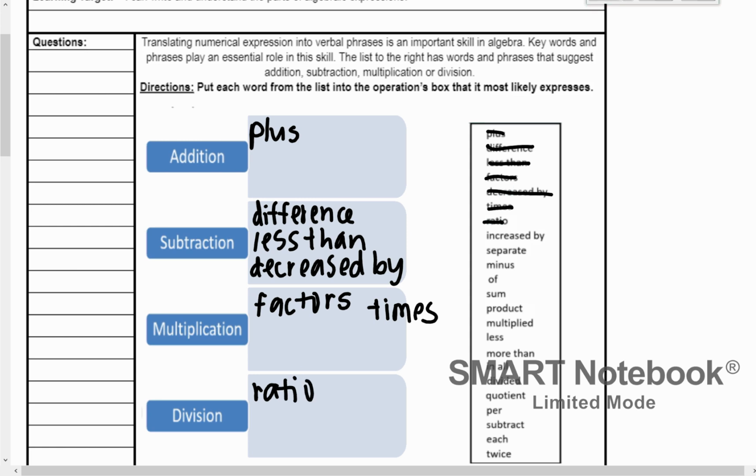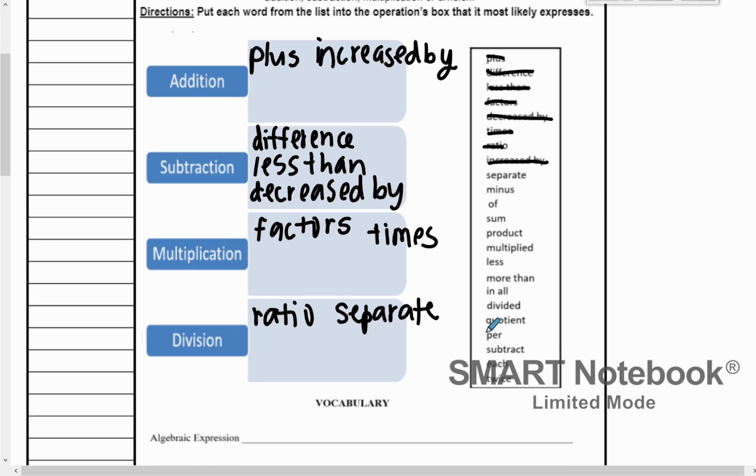The next one we have is increased by. Increased by is like 3 increased by 5. We would add them together. So increased. Separate. Okay, so if we're going to separate 10 into 2 groups, we would be dividing it into 2 groups. So separate is going to be for division.